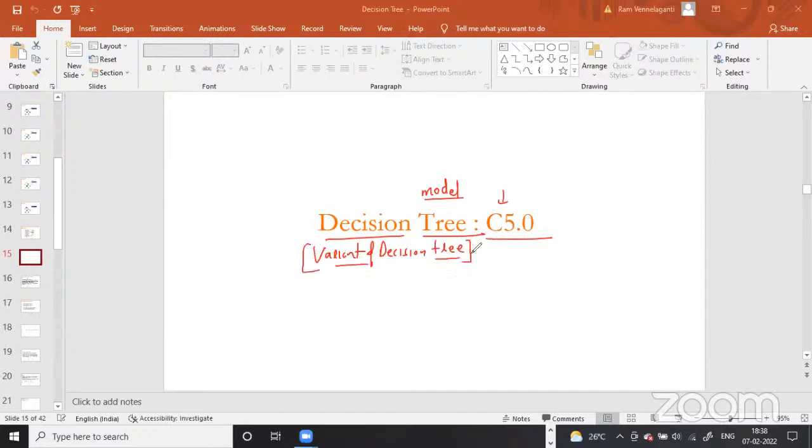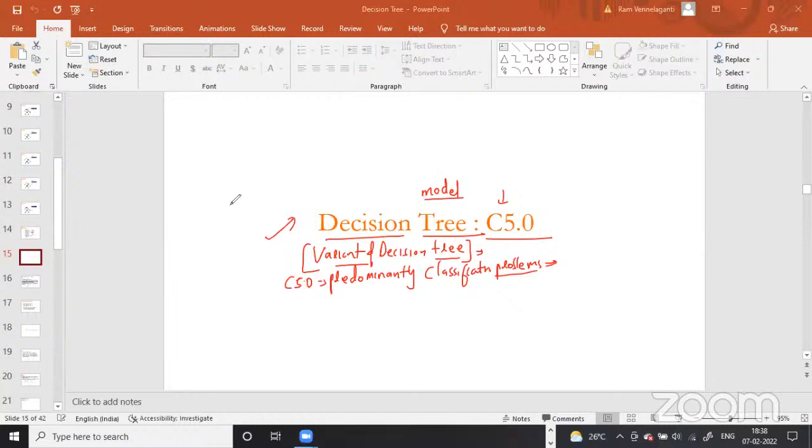The C5.0 algorithm is predominantly used for classification problems. So for solving classification problems, you can take the help of this decision tree, C5.0.